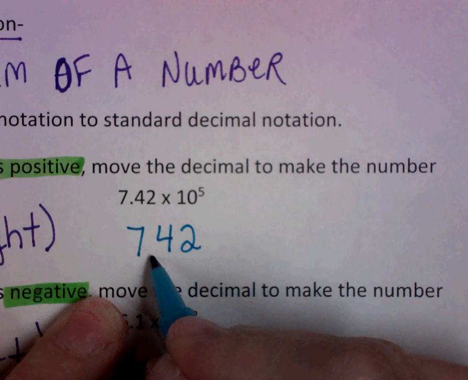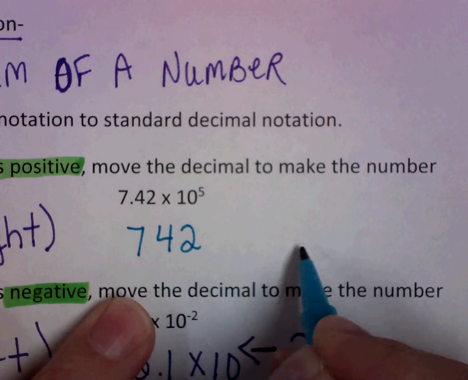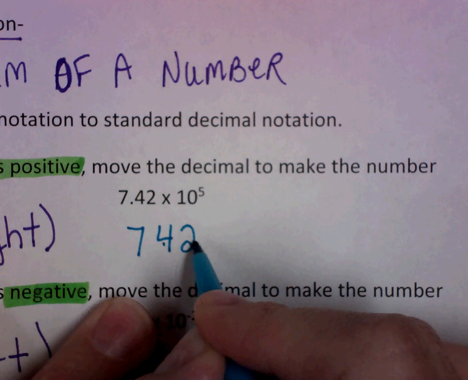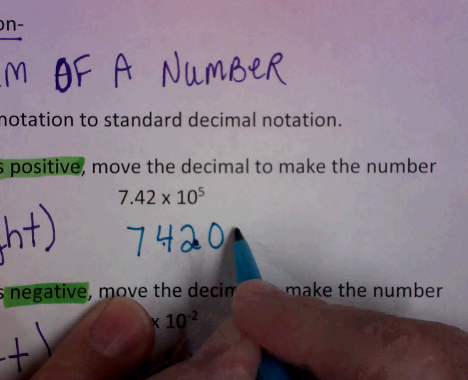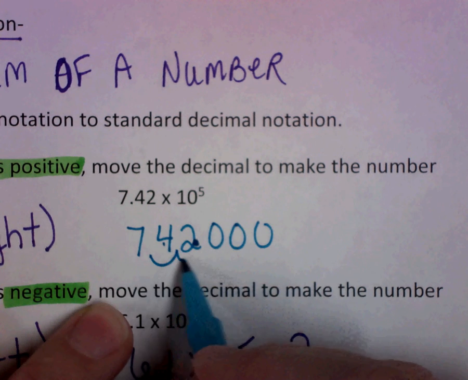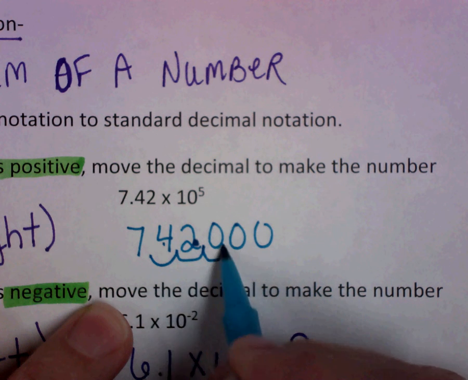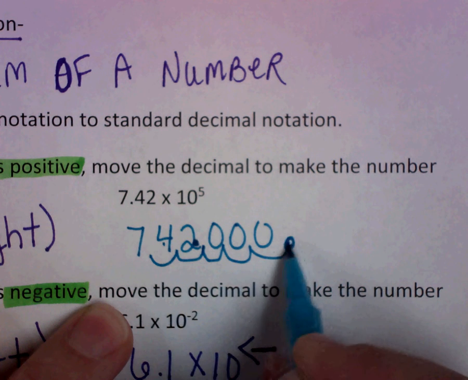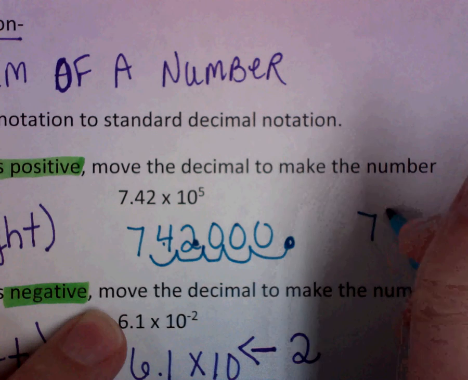Here is my decimal, and I need to move it 5 times to the right. 1, 2, 3, 4, 5. And now my decimal is back there.